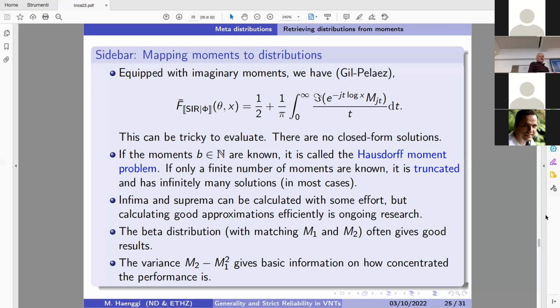So this is a part of ongoing research. Often, a simple beta distribution approximation where we match the first and second moments gives quite good results, or even just the variance tells us something about how concentrated the performance is.